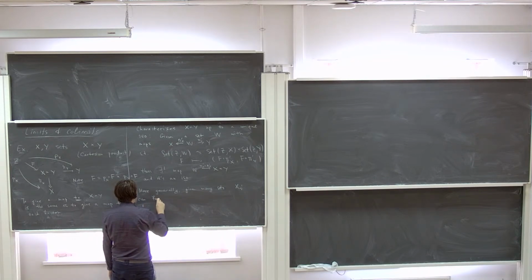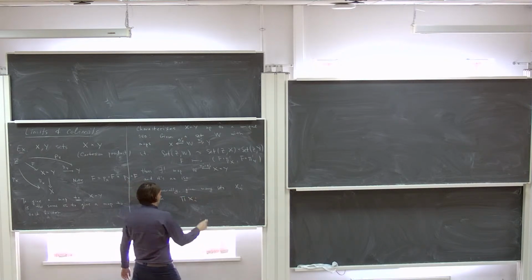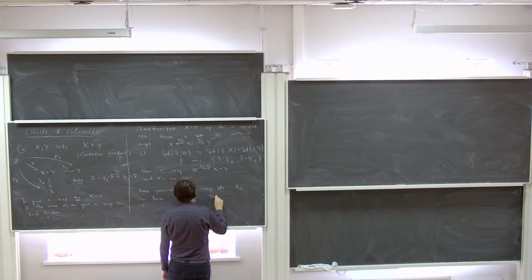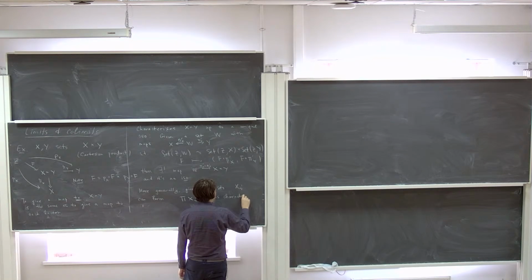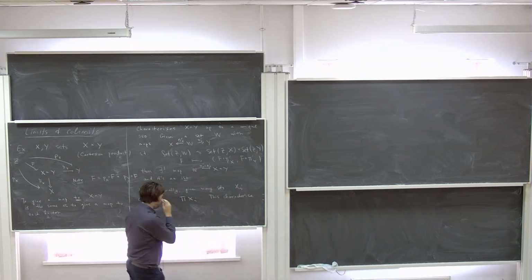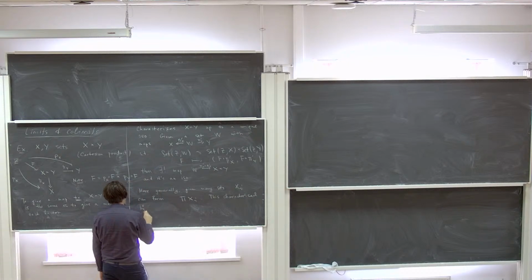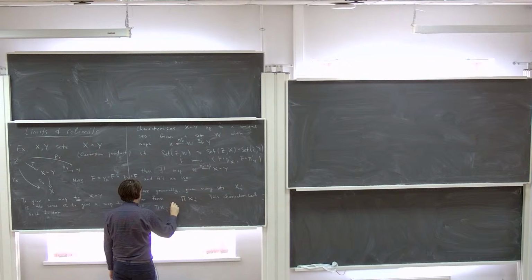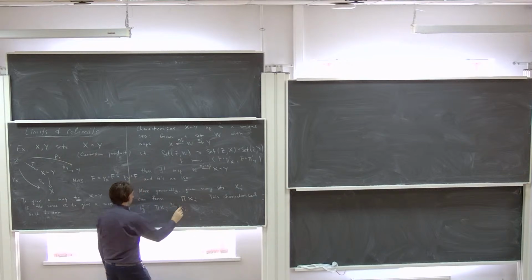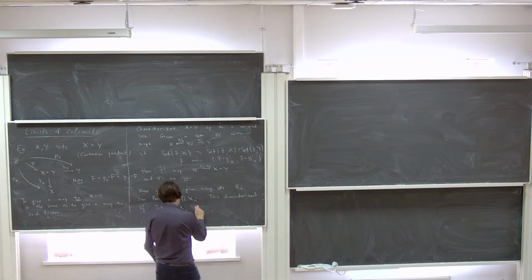So this might be infinite. It's a set of infinite tuples. And this is characterized by having a bunch of projection maps onto each factor. And maps into it are determined by the components.